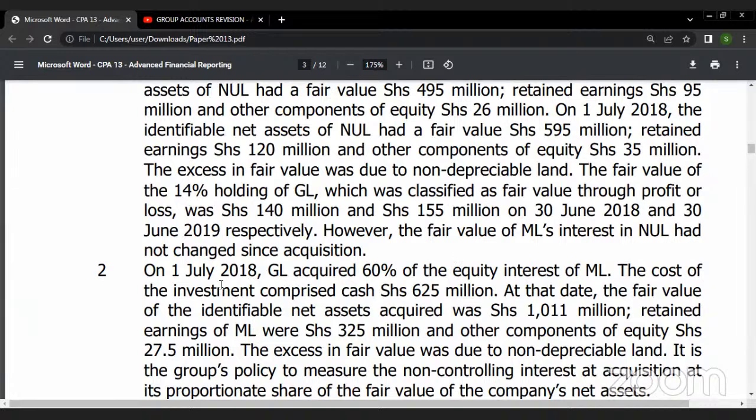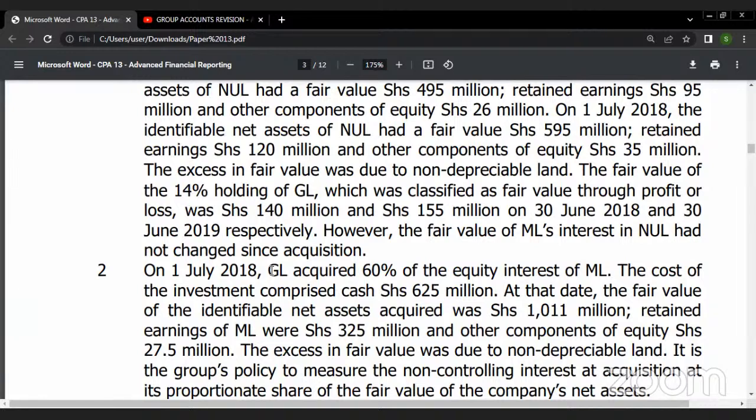But of course, on the same date, 1st July 2018, when ML is acquiring NUL, its 70% shareholding, on that very date, ML was also acquired by GL. Now, on 1st July 2018, ML becomes a subsidiary of GL.